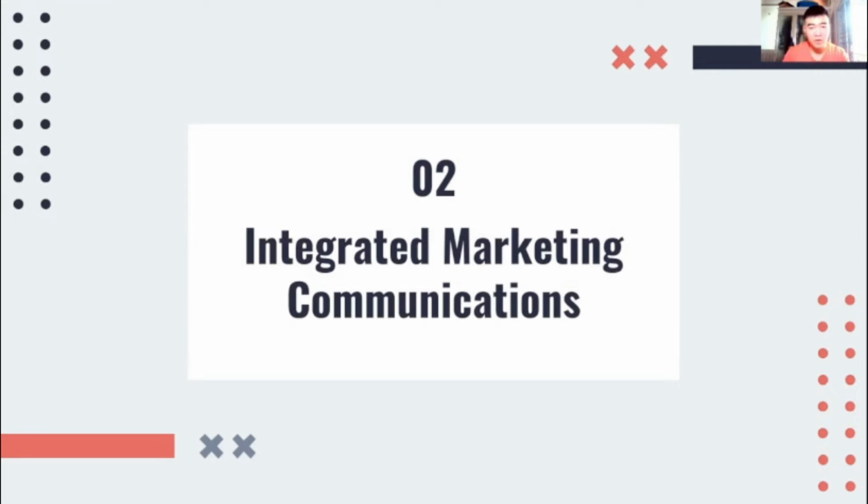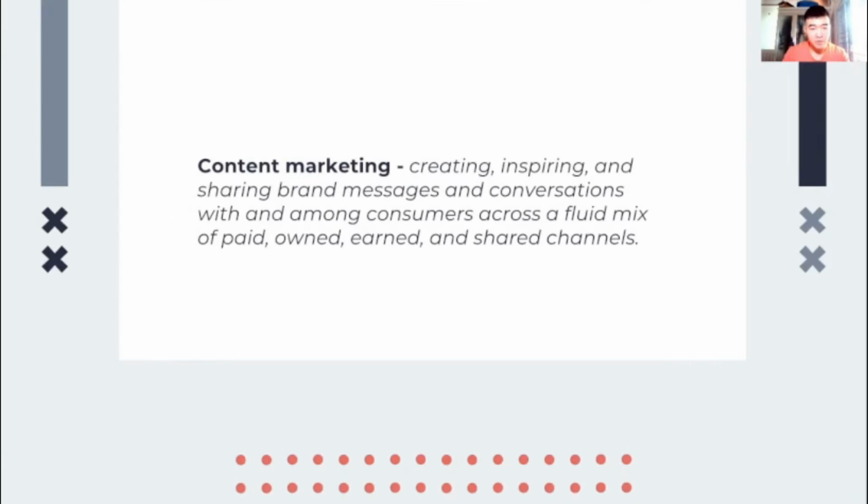Then we're going to talk about integrated marketing communications. So we focus on content marketing, which is creating, inspiring, and sharing brand messages and conversations with consumers across a fluid mix of paid, owned, earned, and shared channels.